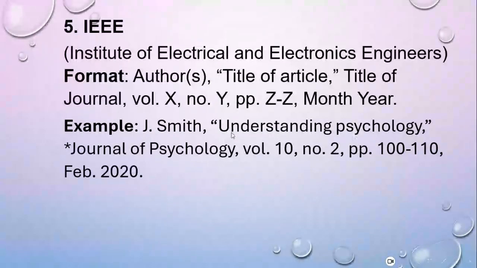First the title of the article, and then the title of the journal comes next, and then we write the volume, the number, and the pages, and then the month and the year of publication. All right.